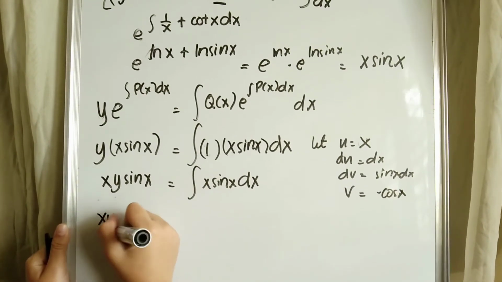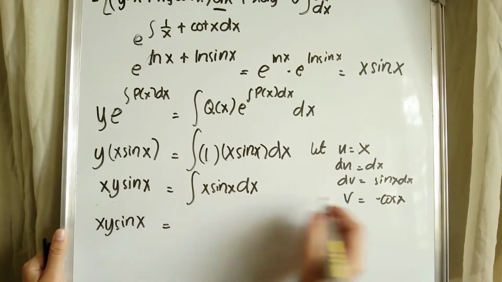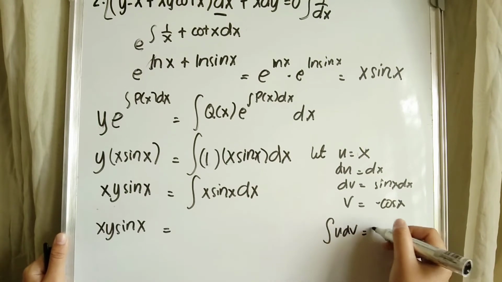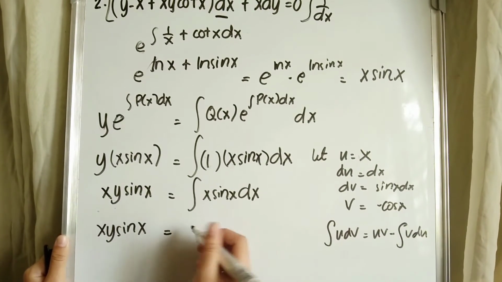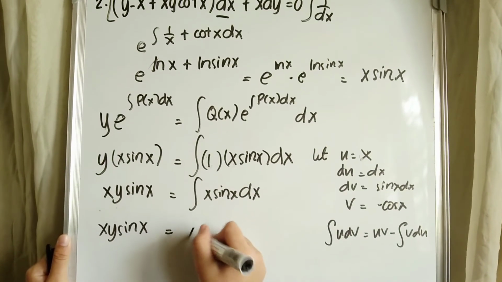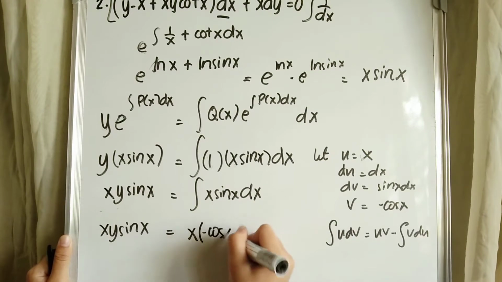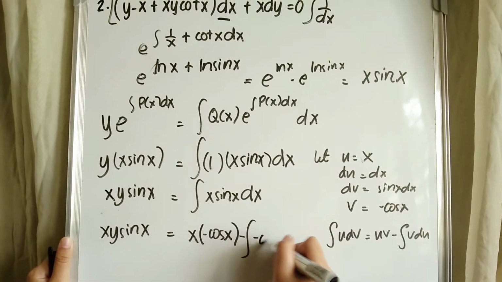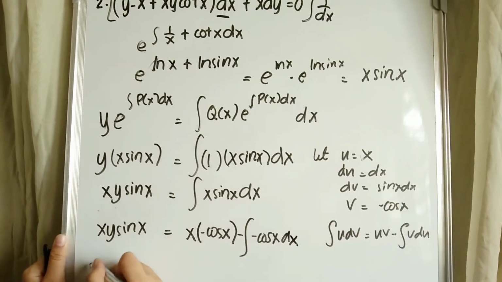So this will become xy sine x, and then the formula for integration by parts is the integral of u dv is equal to uv minus the integral of v du. So our value for u is x, and then v is negative cos x, minus the integral of v, negative cos x, then du dx.